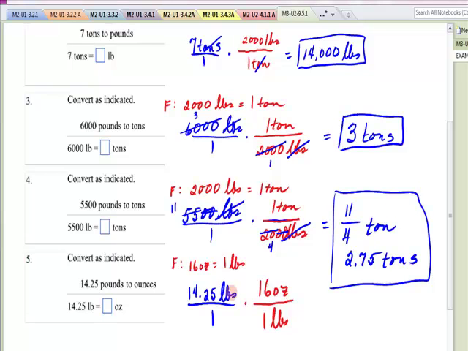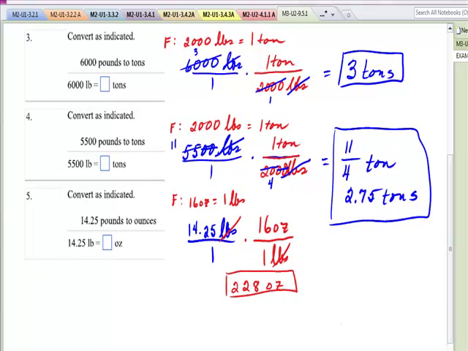I must be doing it right because the pounds are canceling. So I need to now multiply 14.25 times 16, and that gives me 228. The only unit left is ounces. So it is, whoops, make sure you can see that, 228 ounces.